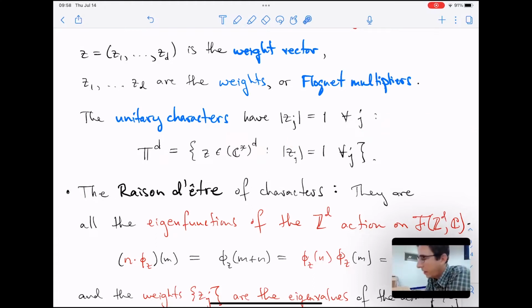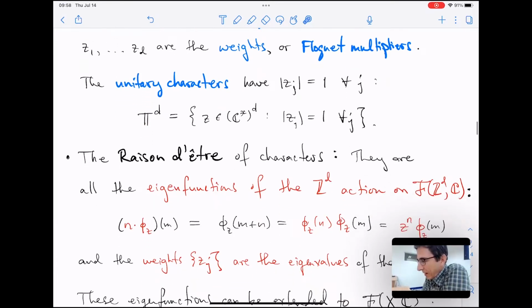This is a compact torus. In algebraic geometry, they call this here the torus, which for us is the non-compact torus, and they call this the compact torus, which in topology is usually the torus. They're topologically the same; one is contractible to the other. So they just call this a non-compact torus. We like to call this the torus.